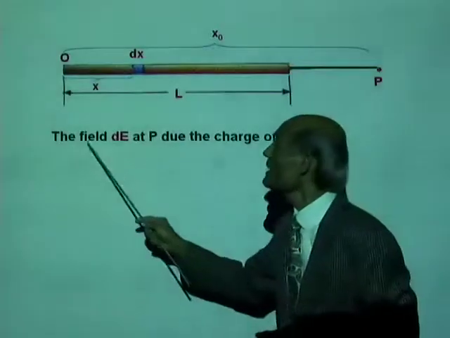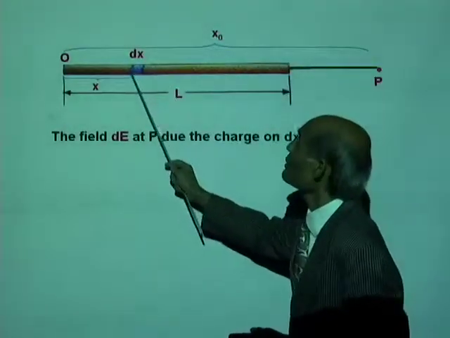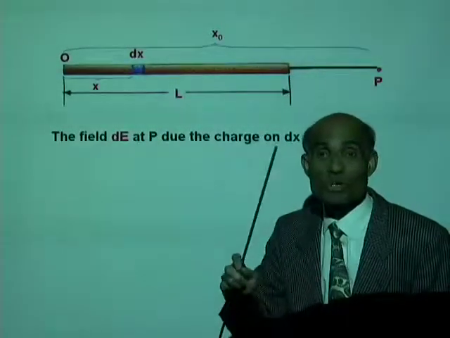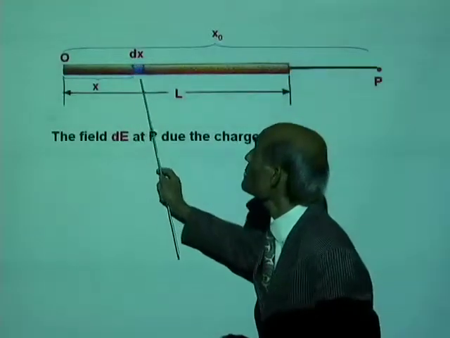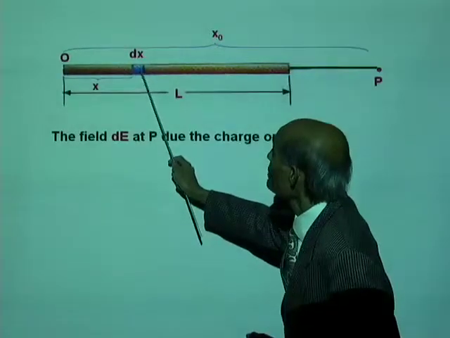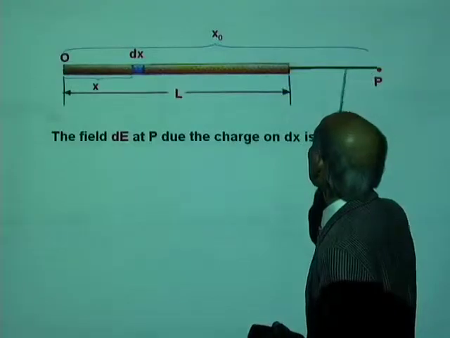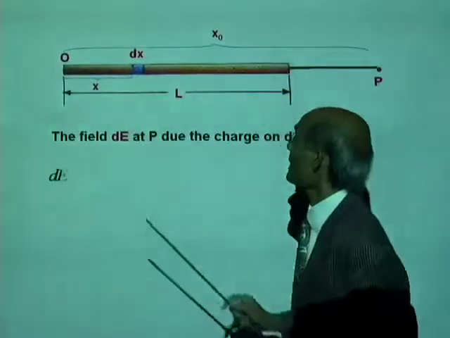Alright. The field dE at P due to the charge on dx will be kq divided by r squared, where q equals lambda dx, and the distance r is what? The distance of this from P will be x0 minus x.